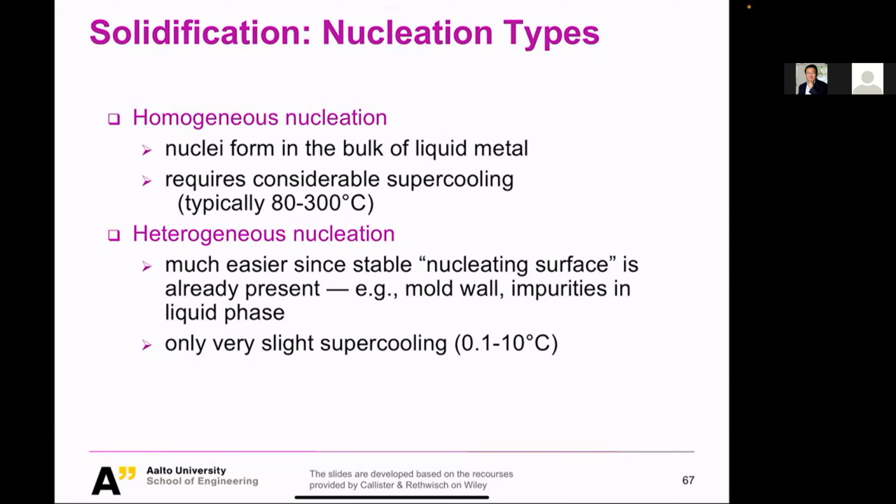If you want that nucleation to progress fast, you need a high supercooling. The delta T is usually between 80 to 300 degrees C. That's why it is slow, and you need a lot of supercooling. And for heterogeneous nucleation, why do you have so many nuclei over there?